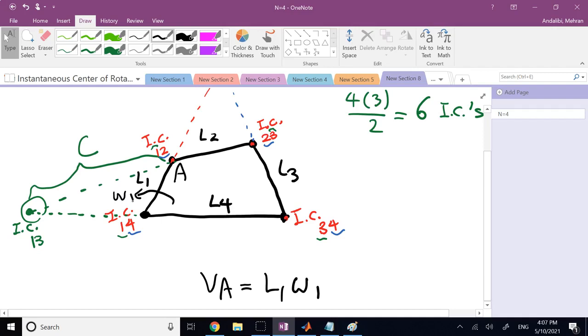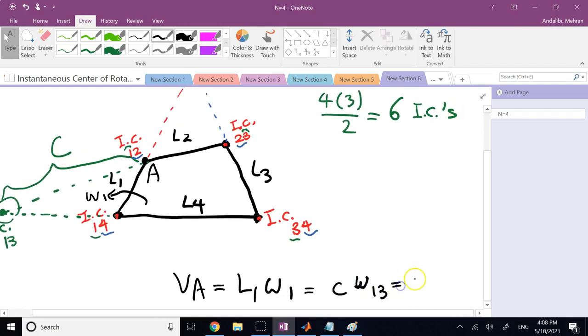I can say that. And I say, well, A is rotating about this point, so I can multiply that distance C, but by which omega? Since this is omega of 3 with respect to 1, I have to say omega of 1, 3. And omega 1, 3 is omega 1 minus omega 3.